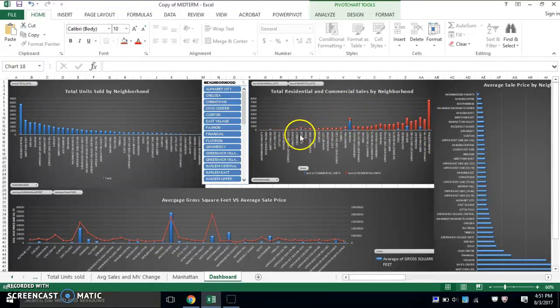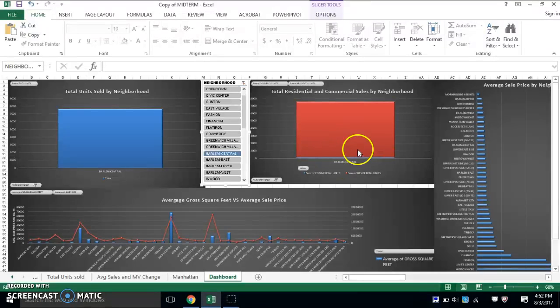The reason I split it up this way is so that you could see maybe some type of trend that's going on in an area. As you can see here, Harlem Central on both sides, this should be equal for total units sold for that area. So as you can see here, Harlem Central, there's almost no commercial units being sold in this area.